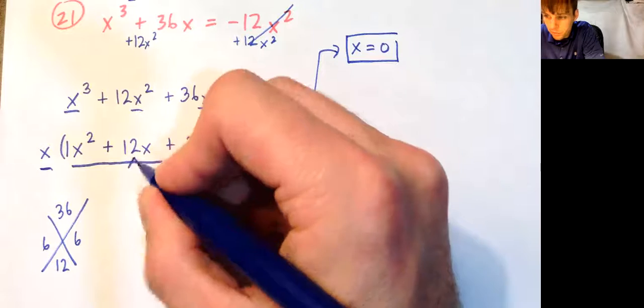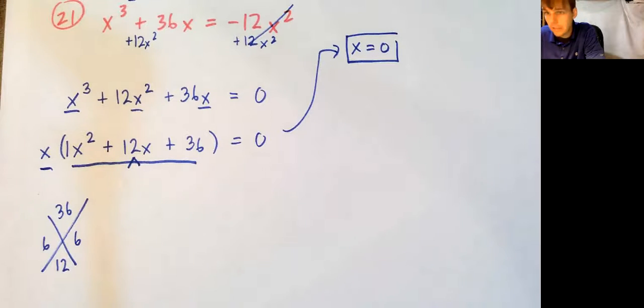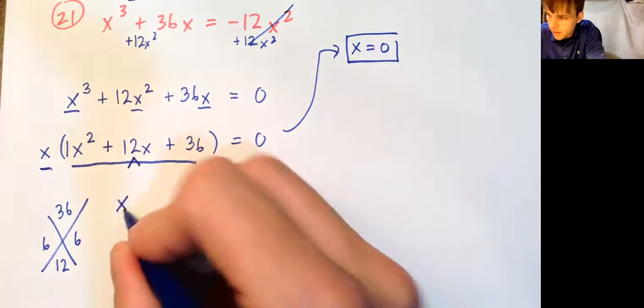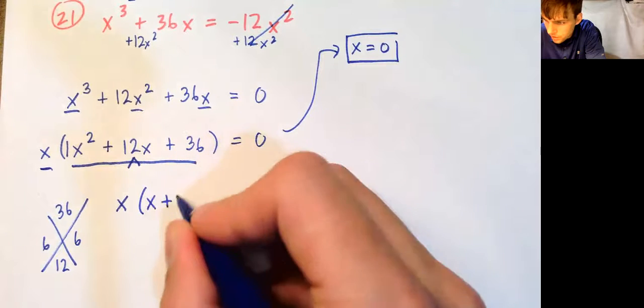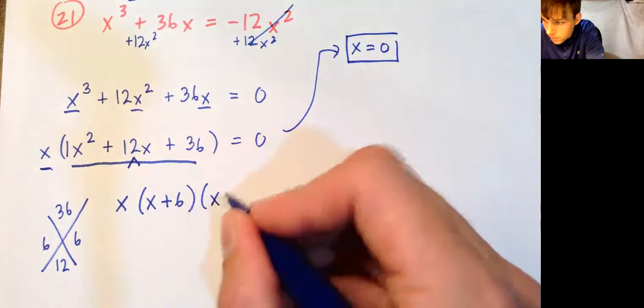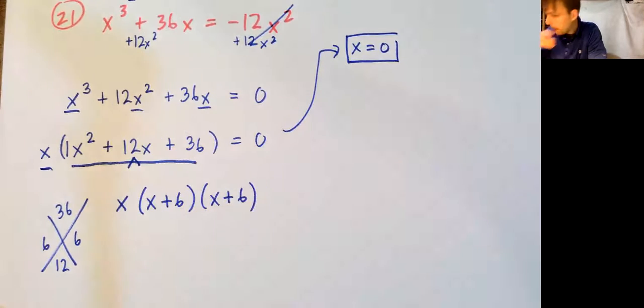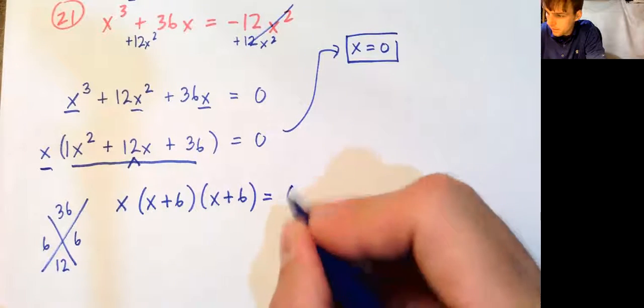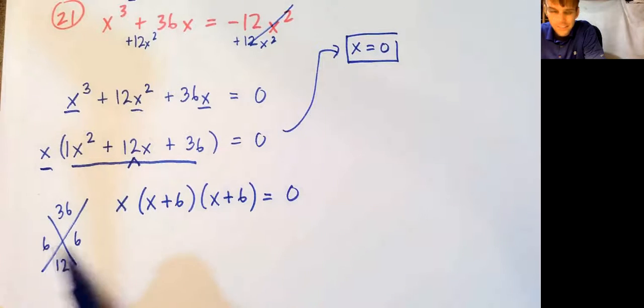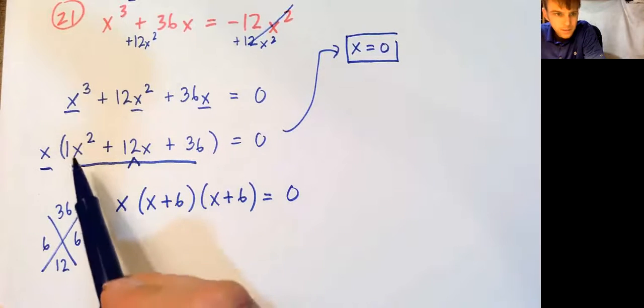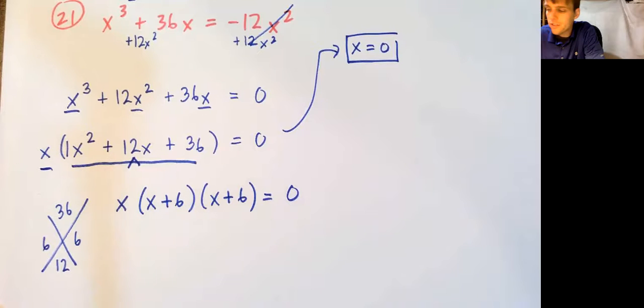Again, this would be splitting up the middle term. I'm not going to go through this whole process again. If we need more lessons on factoring, we'll just reteach this. But this is going to factor as x plus 6 times x plus 6. Again, I don't need to do the whole factoring box because my leading coefficient here is 1. I can actually go a little bit shorter than the previous problem.